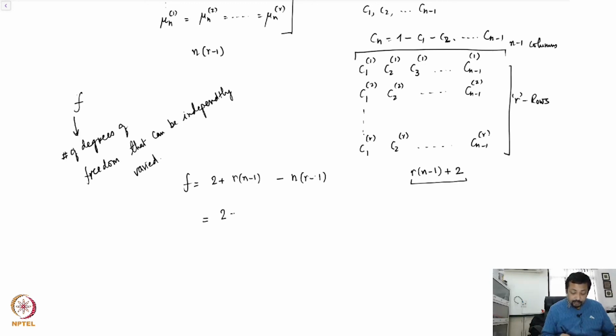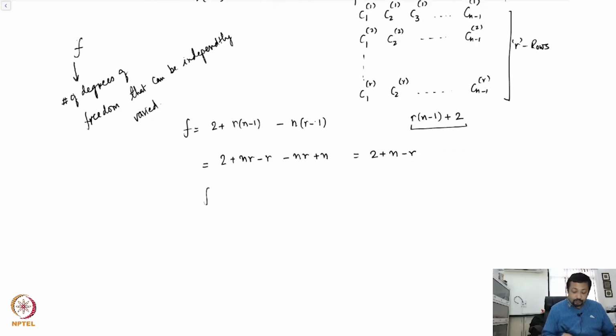And if you do that, then this is 2 plus nr minus r minus nr plus n, which is 2 plus n minus r. So you come up with this relation, f equals 2 plus n minus r, and this is what is called the Gibbs phase rule.